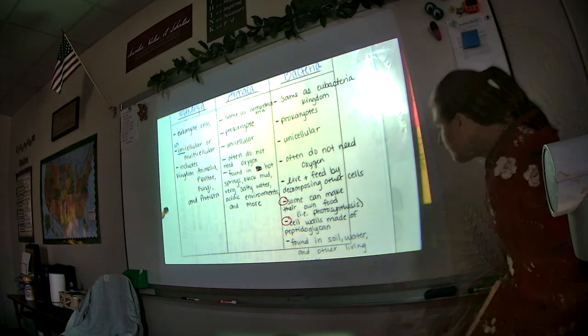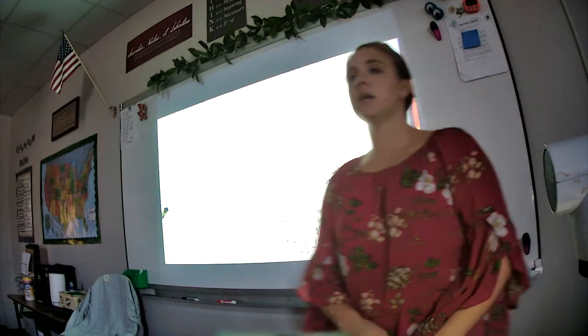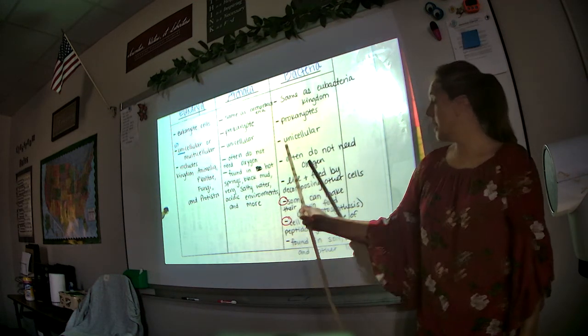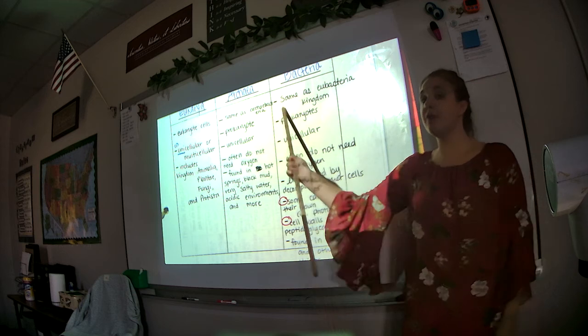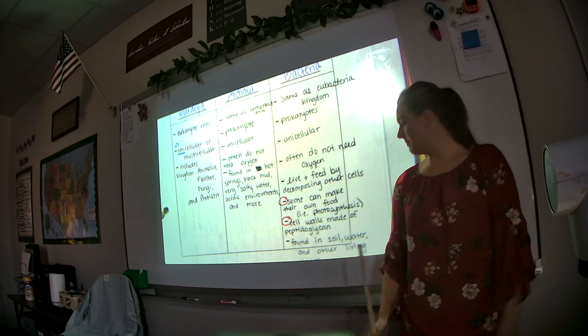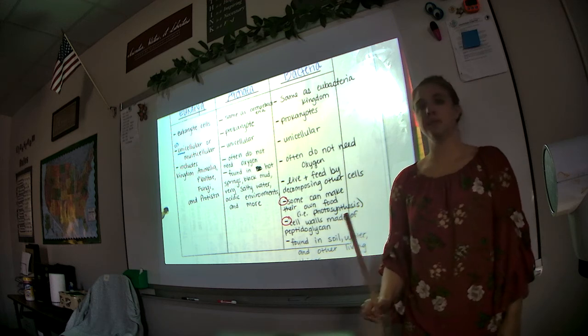But bacteria live and feed by decomposing other cells, and then I circled these two because they're the two main differences. Some of these can make their own food, and they have those cell walls made of peptidoglycan. That's the main structural difference.